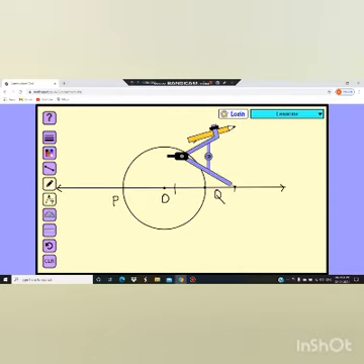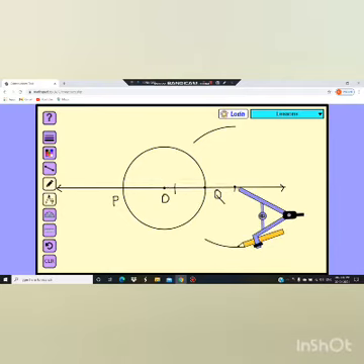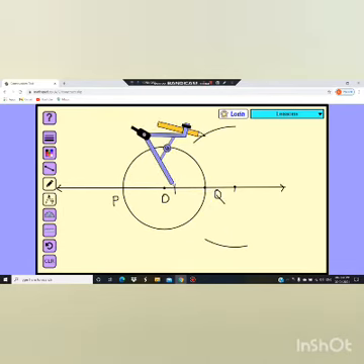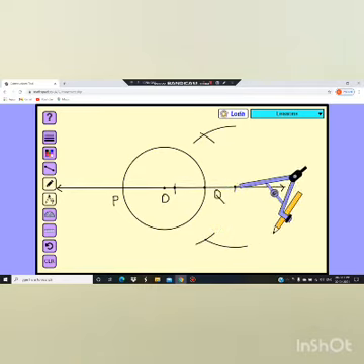So here and downward direction. Now what we will do? We will keep the pointer on this, and the same way we have to draw the intersecting arcs. Arc should be a little bit bigger, then no need to draw it again and again.